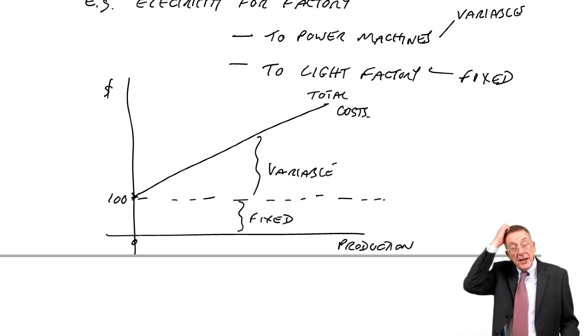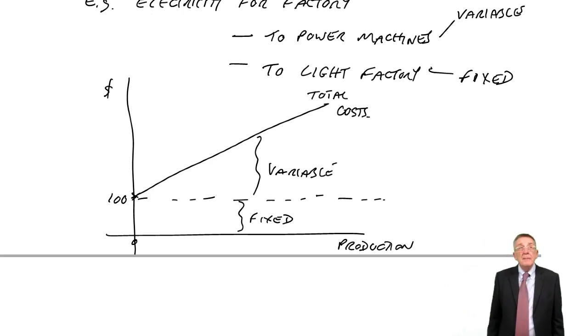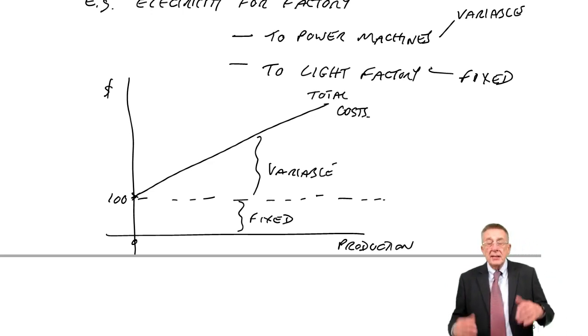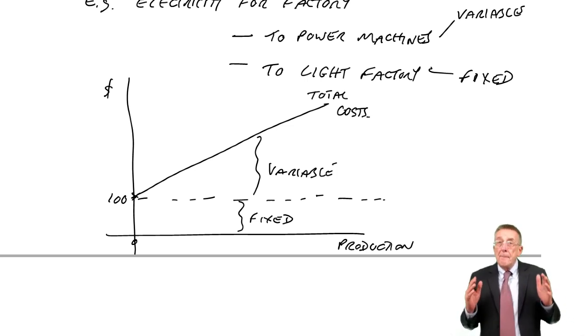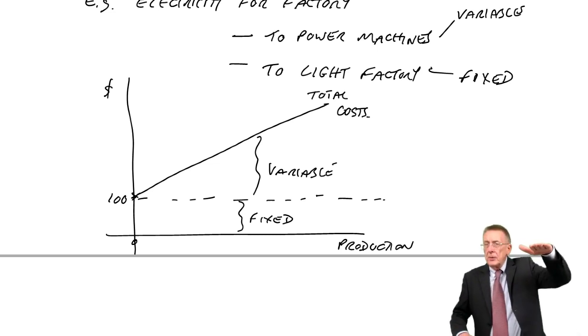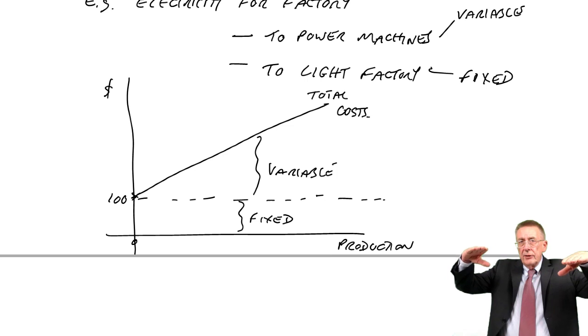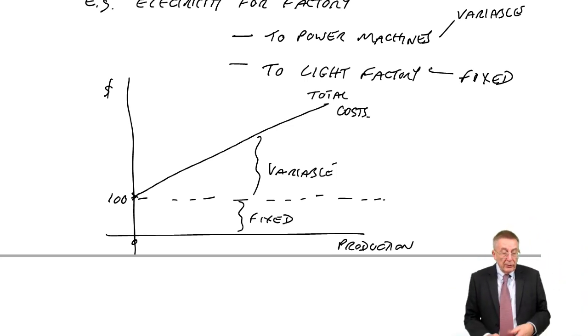Non-manufacturing costs, which yet again I'm not really interested in for the moment, but they could be either. The accounts department is likely to be a fixed cost. But things like delivery to the customers. Surely the more you sell, the more you'd expect to be paying for delivery, the total delivery cost. So although we're not really bothered, non-manufacturing could be either.